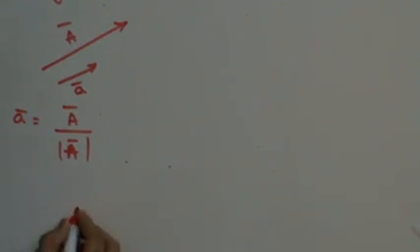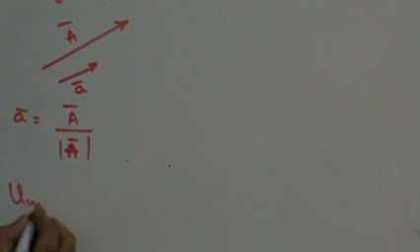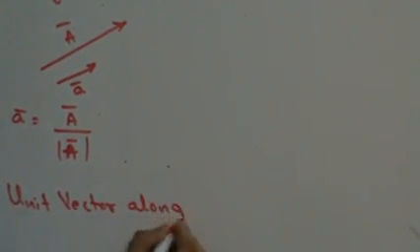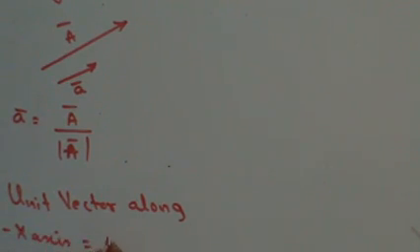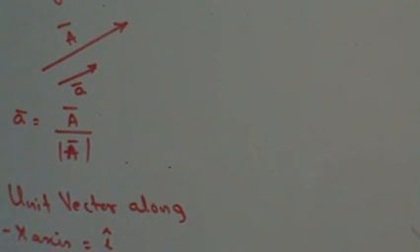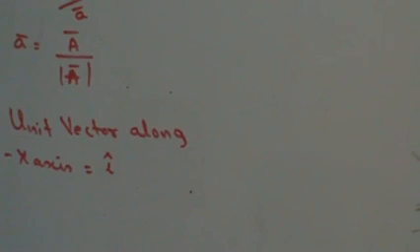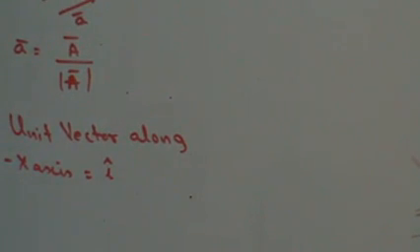Now in unit vector you have a couple of other things. Suppose I have 3 axes. Unit vector along the x axis is called i vector. Henceforth, whenever I want to say unit vector along x axis, I will call that i vector.